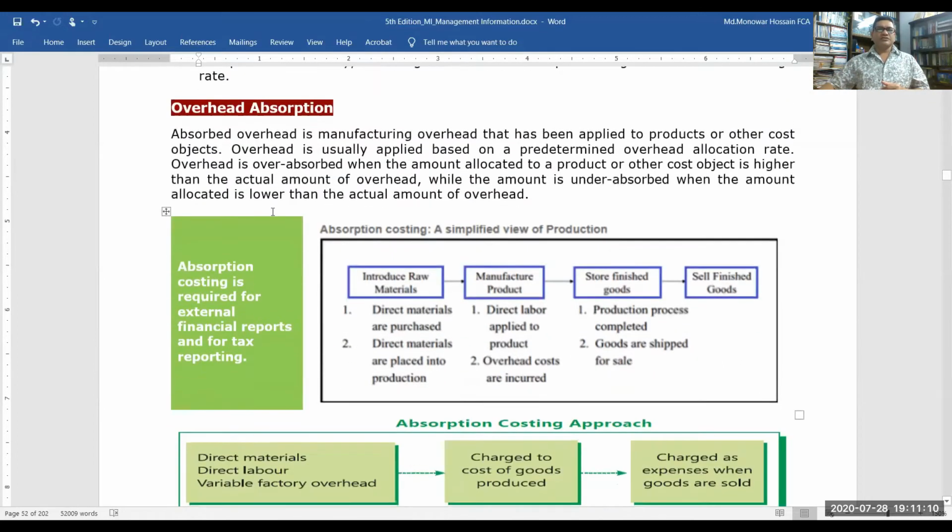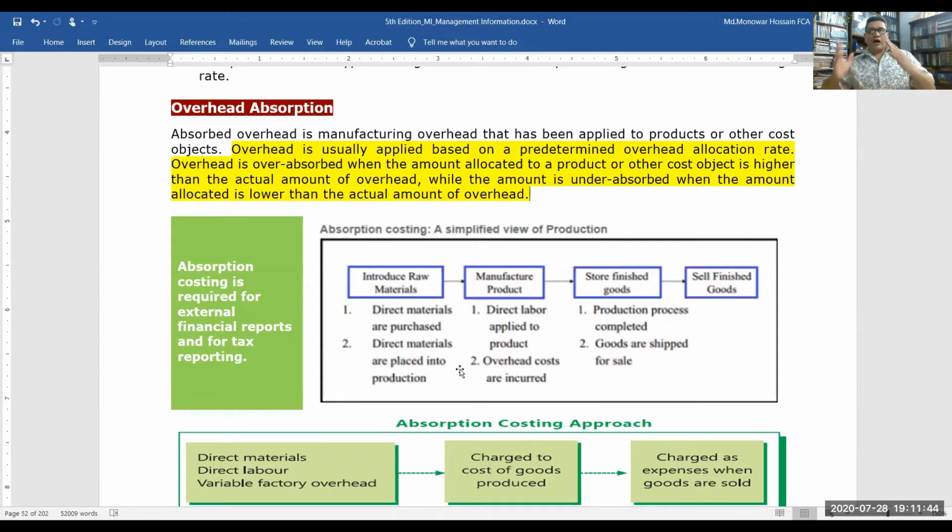Absorption costing is required for external financial reporting and for tax purposes. Absorbed overhead is the manufacturing overhead that has been applied to production or another cost objective. Overhead is usually applied based on a predetermined overhead allocation rate.